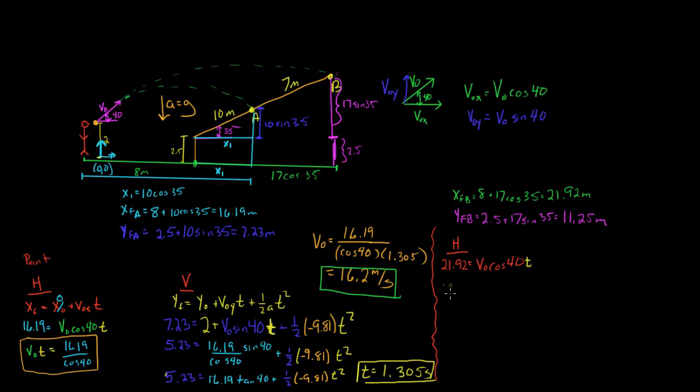So we have v naught t is going to be equal to 21.92 divided by the cosine of 40. So this is our equation for our velocity here.